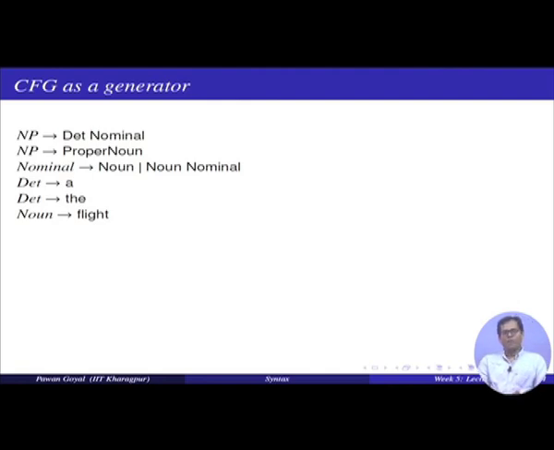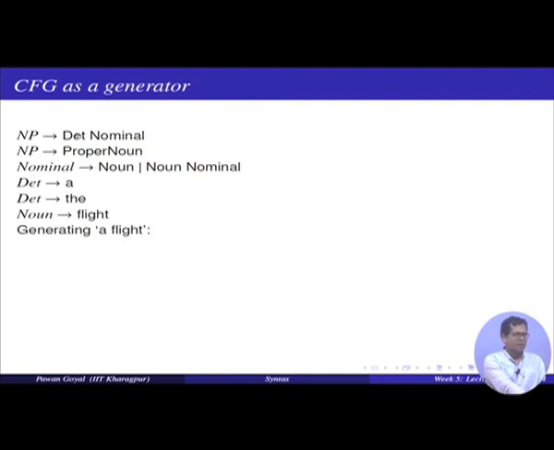Now, once you have this CFG, you can use that to generate various phrases or sentences in the language. For example, this is a CFG for noun phrases. Can I generate the phrase a flight using this context-free grammar? I will have to start with NP and generate a flight. What is the first derivation I will do? From NP, I will take this rule, determiner followed by a nominal.